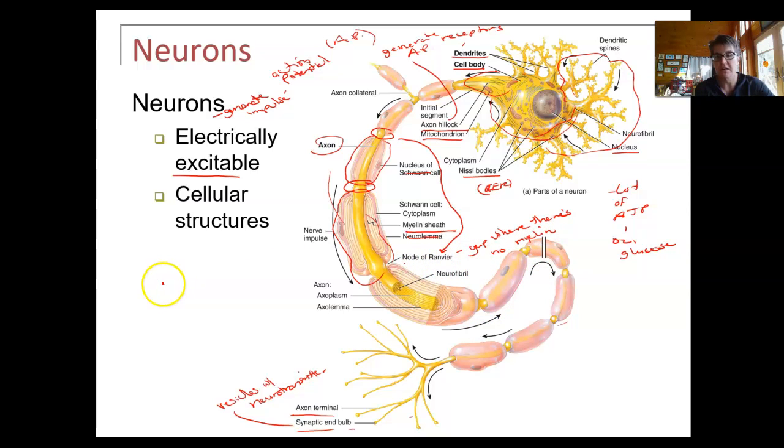Myelin is fat, right? And fat in the body is white in color. So when I talk about white matter, those are myelinated axons.